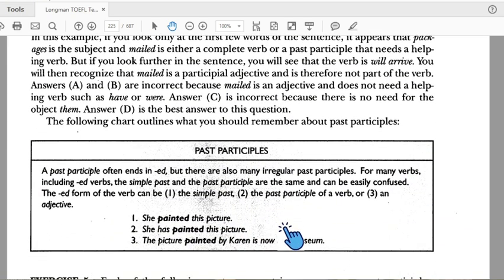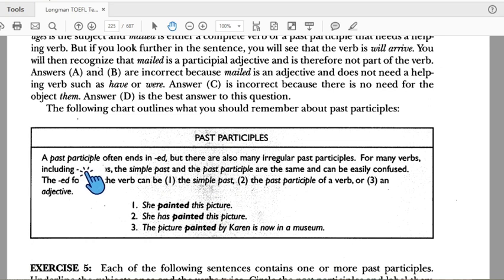Look at the conclusion. A past participle often ends in ed, if it is a regular verb. But an irregular verb does not end in ed, so you have to try to memorize it. But there are also many irregular verbs.